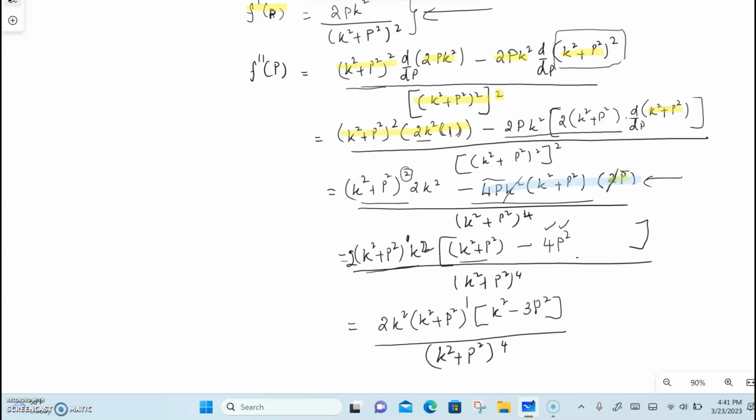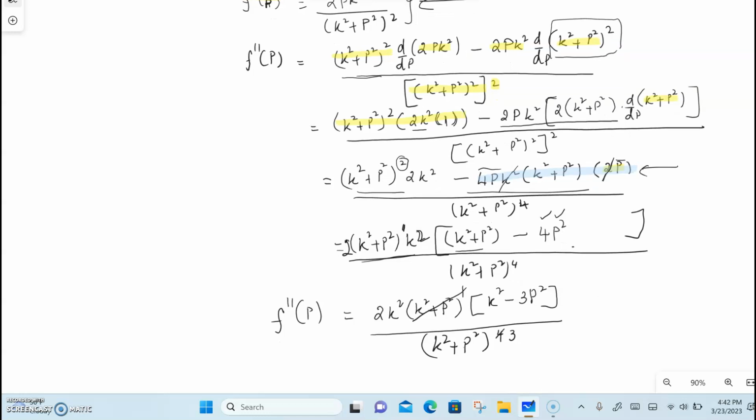So we have the first power here and a fourth power here. So we cancel this and that becomes a 3. So we have 2k squared times k squared minus 3p squared divided by k squared plus p squared the whole cubed. So what we have here is the second derivative of the function f.